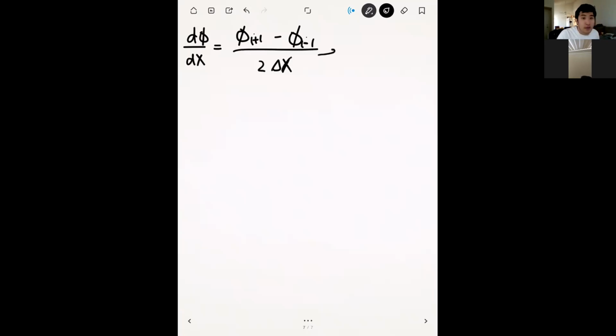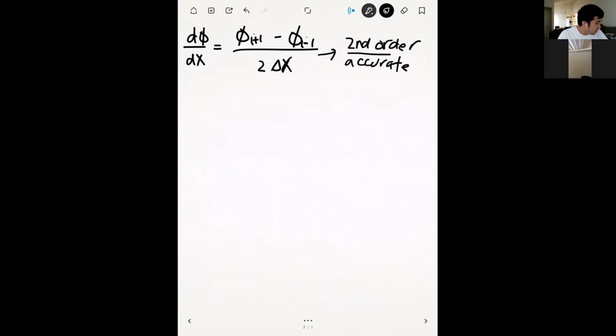And if you recall, the accuracy for this expression here is second order. So second order, for most cases, is actually pretty good. For a lot of the commercial codes out there, they actually aim for second order accuracy when it's convenient. That's kind of like the standard that a lot of codes aspire to.